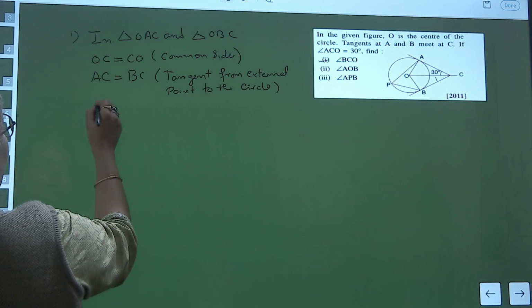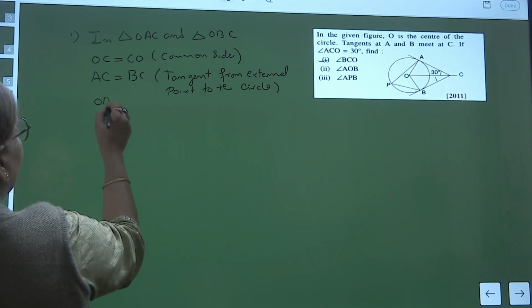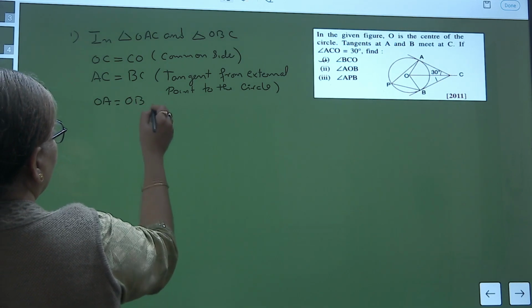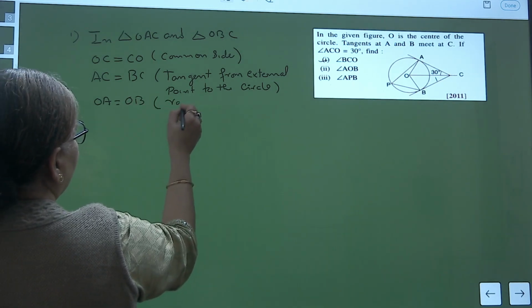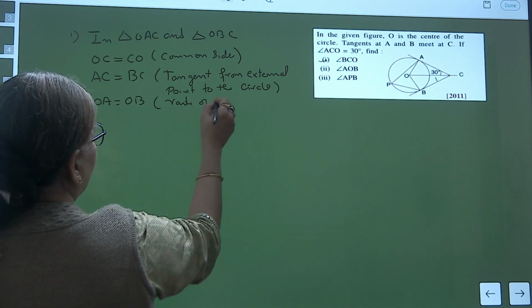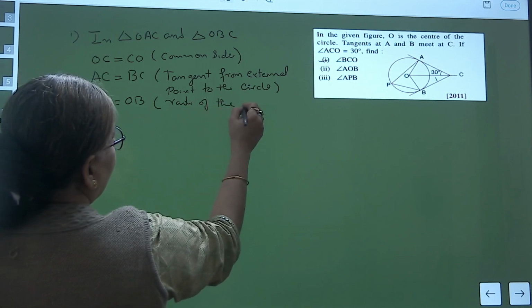Next, OA is equal to OB, radii of the circle.